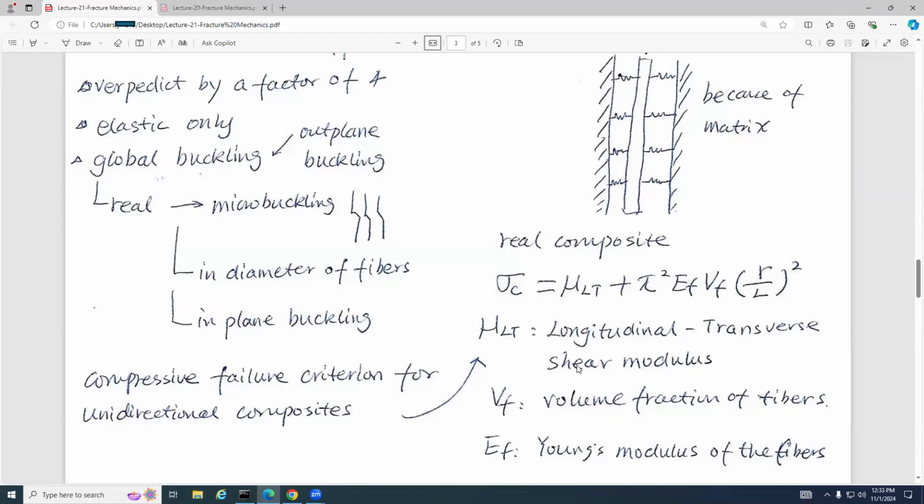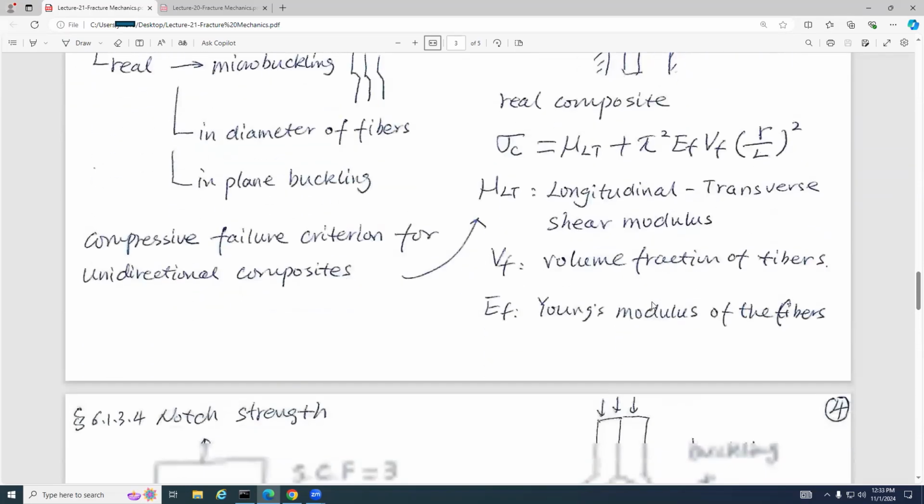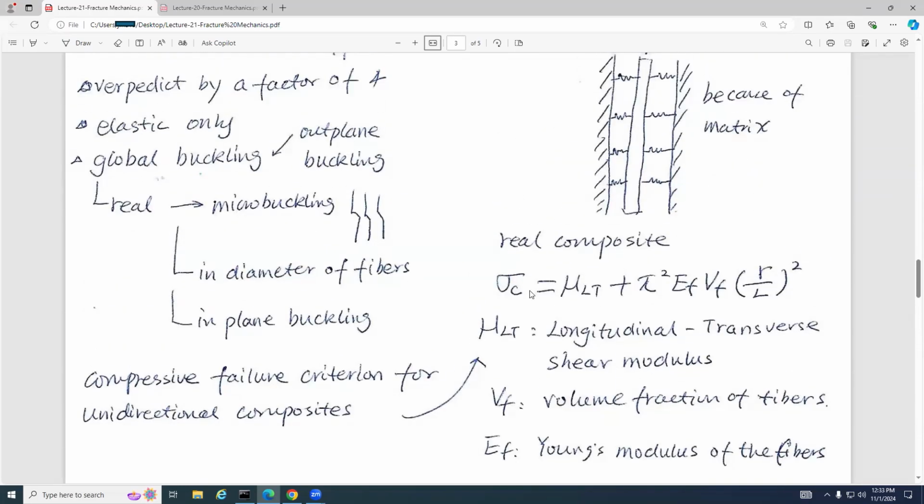The volume the fibers take, divided by the whole volume, gives the volume fraction of fibers. E_f is Young's modulus of the fibers. So we can use this equation to calculate the critical strength of this material.